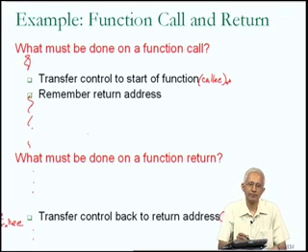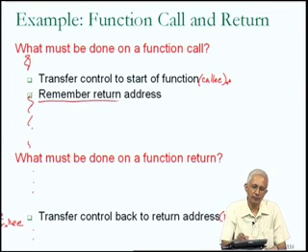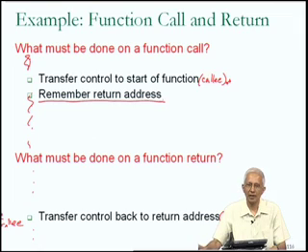That's important. All right, so to remember the return address, we have to use memory. So the question which we need to first figure out is, how and where do we remember the return address? We're going to concentrate on this step for a few minutes.